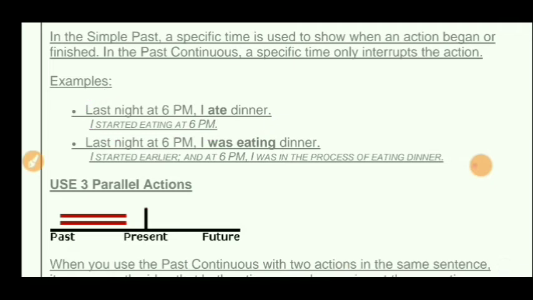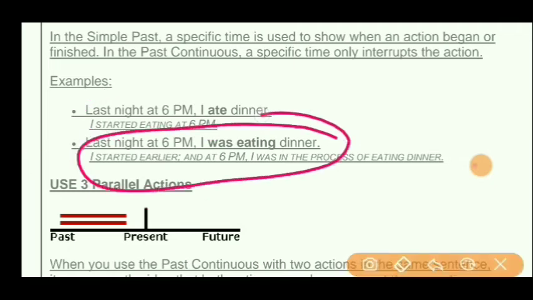So last night at 6 p.m. I was eating dinner. It means I started earlier, and at 6 p.m. I was in the process of eating dinner. So see these two examples.